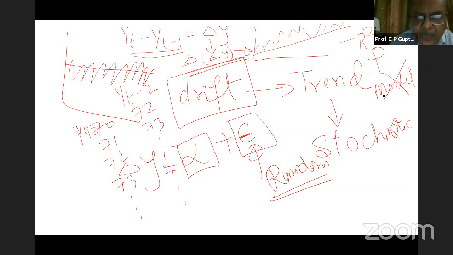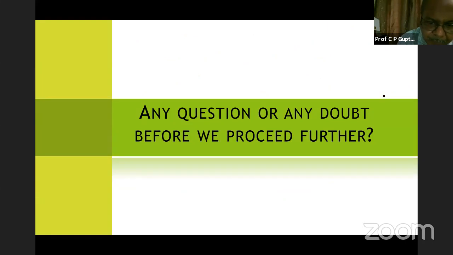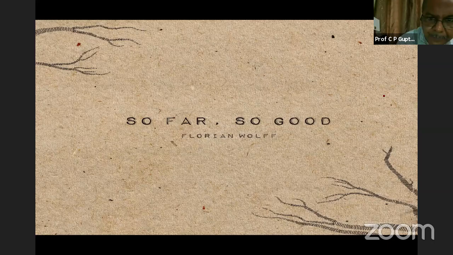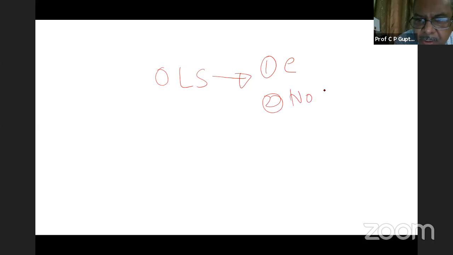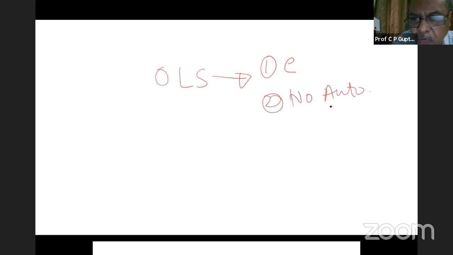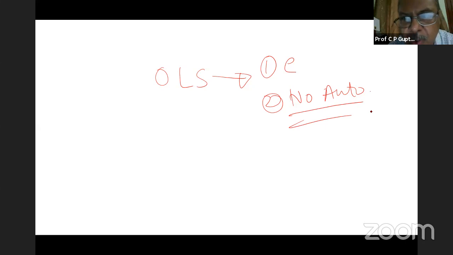So for example, if you're using OLS, OLS is making certain assumptions like normality of the error term, no autocorrelation, like this. So when you go for a diagnostic test, you have to check whether these assumptions are true or not. For that, you have to make use of a suitable diagnostic test depending upon your model.